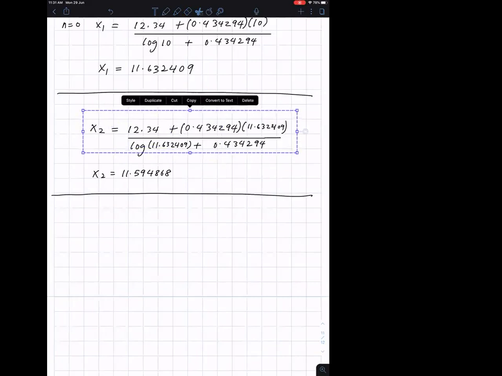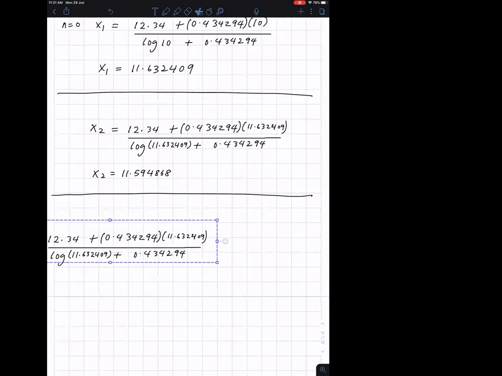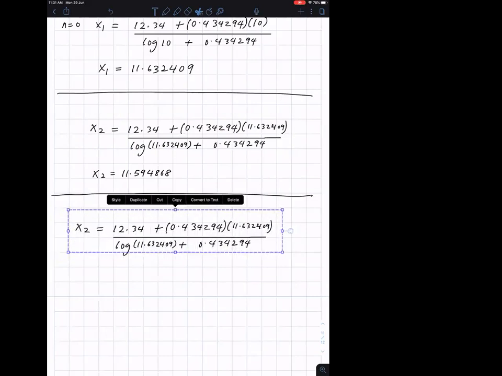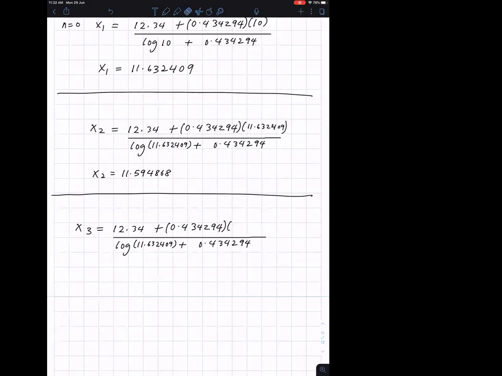These are just repetitive work, so you have to be very sure that you do the number crunching correctly. For x3, the only thing that changes is what's inside the parentheses here and here. You plug the x2 value here.